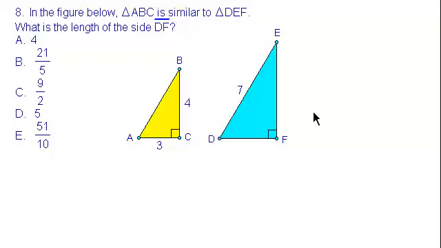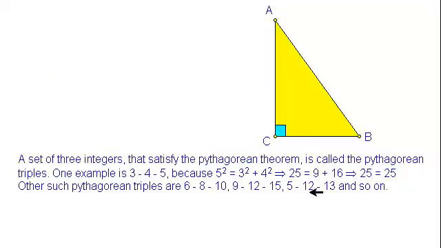Before we discuss this question, let us discuss Pythagorean triples. A set of 3 integers that satisfy the Pythagorean theorem is called the Pythagorean triples.